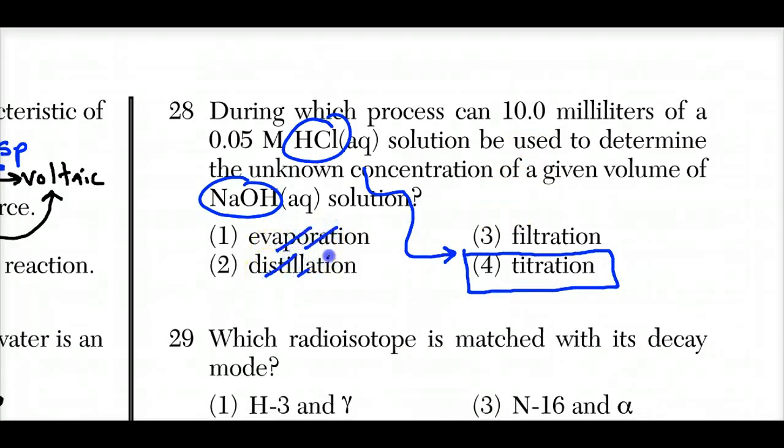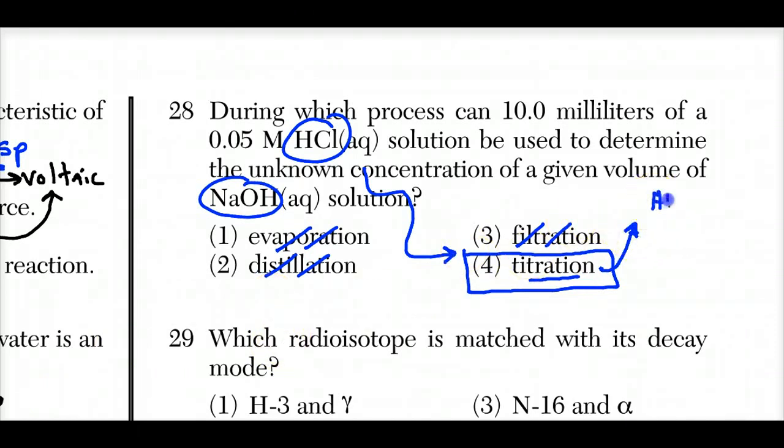Distillation is separation based on different boiling points. Filtration is separating a solid from a solution, or a precipitate. Titration is where we use one chemical that we know against another to figure out that chemical. Another form of titration is called a gravimetric titration, as in the hydrate lab.